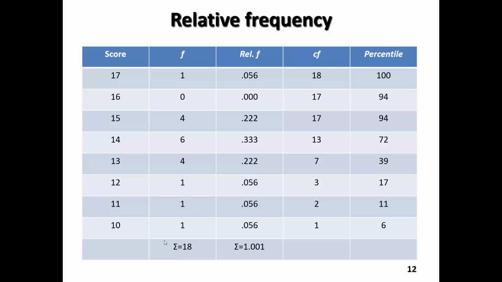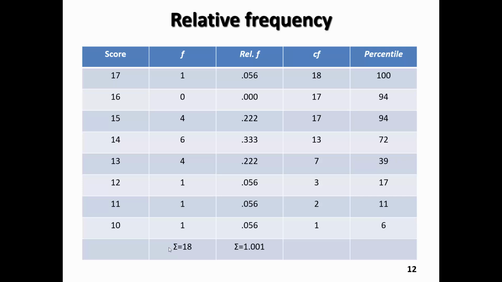The next step is to summate, and so the uppercase Greek letter sigma here is the symbol which means summation. So what we're doing here is simply adding vertically. We add 1 plus 0 plus 4 plus 6, continue all the way down, and we have a sigma of 18, or a summation of 18.